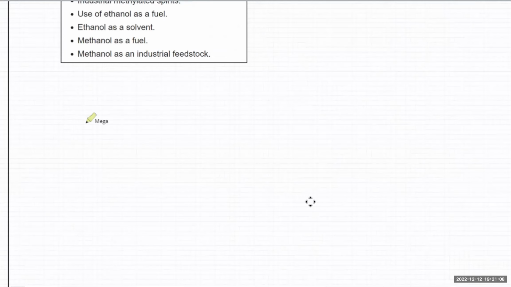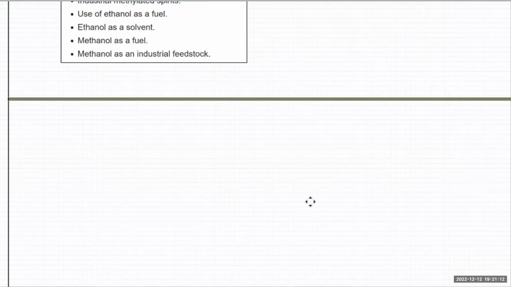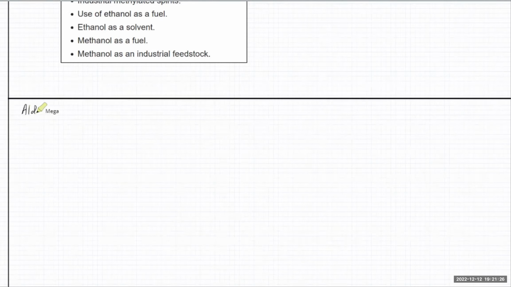the next thing is aldehyde and ketones. They're carbonyl compounds.